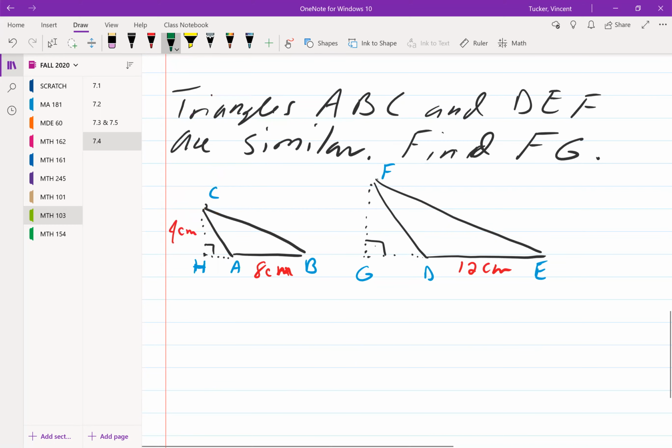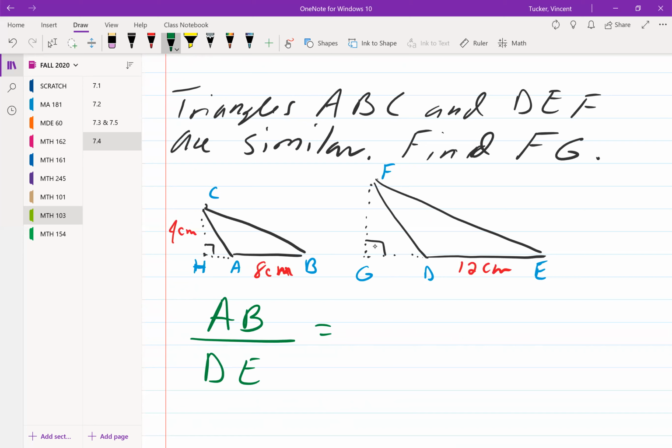So we have here in the smaller triangle, the height of it is 4, and the bottom side is 8, both in centimeters. In the larger triangle, the height is what we're trying to find, that is FG, and that bottom side is 12 centimeters. So what I can do is set up the ratio of AB over DE. Those are the two sides that we know.